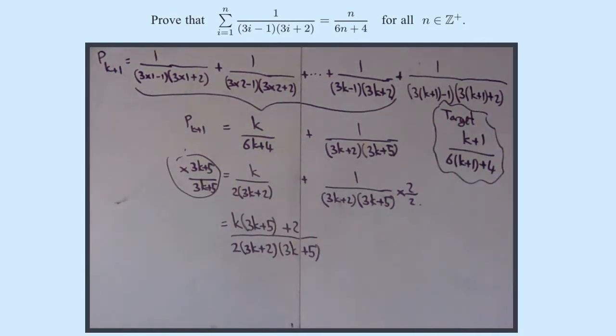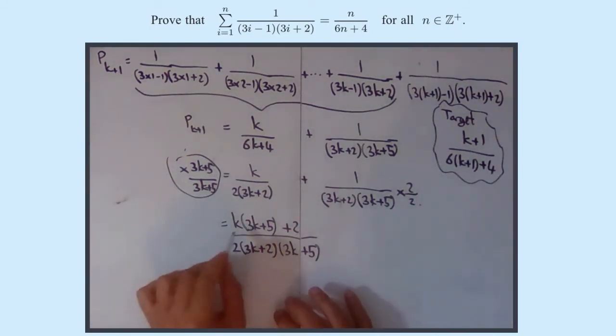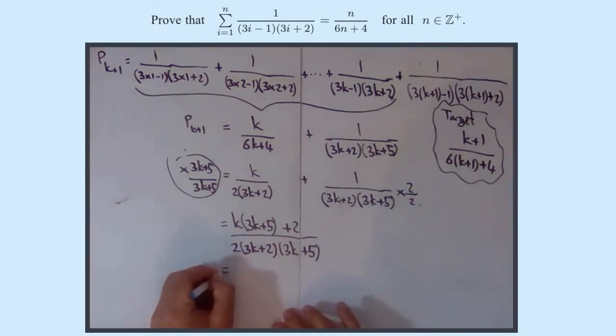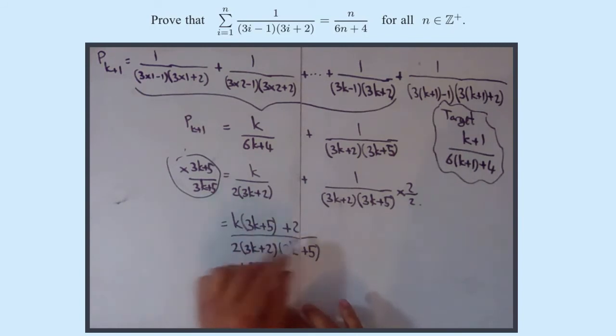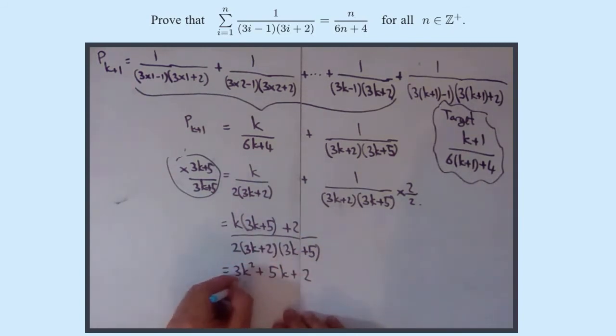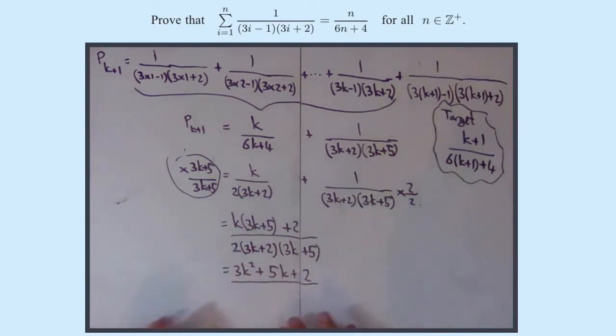If we work on the top here, I'm going to leave the bottom in factorized form and hopefully something good will happen with it. I'm just working on the top. This is going to be equals 3k squared plus 5k plus 2, which we will try and factorize. Then the bottom bit we're not going to touch yet, over 2(3k plus 2)(3k plus 5), right?